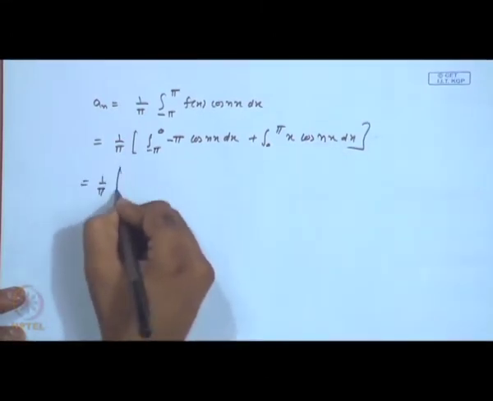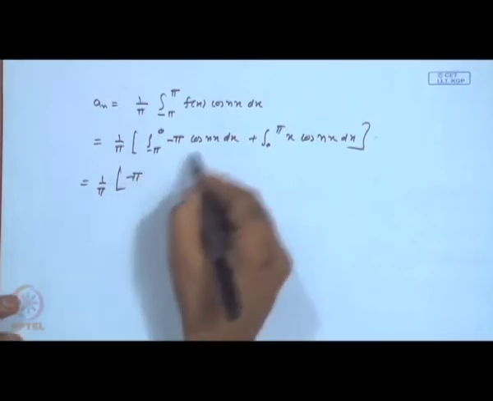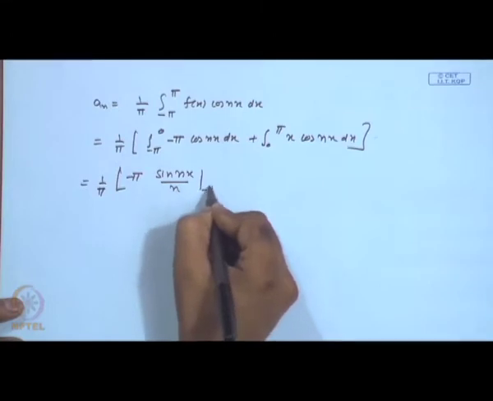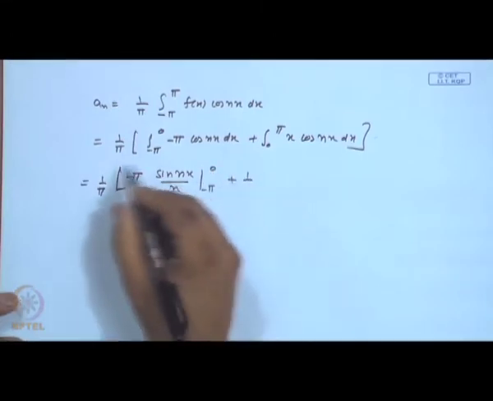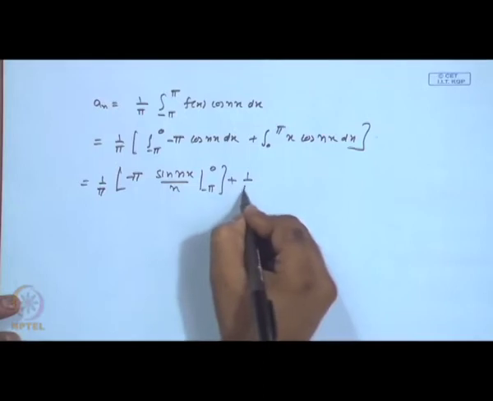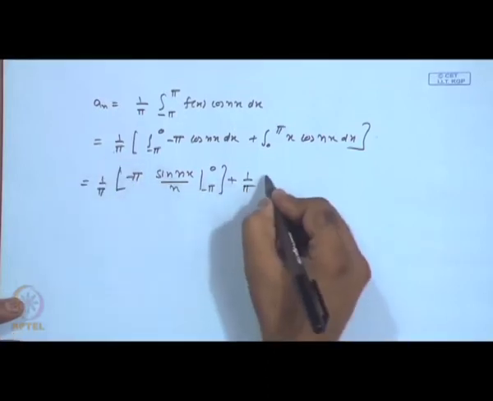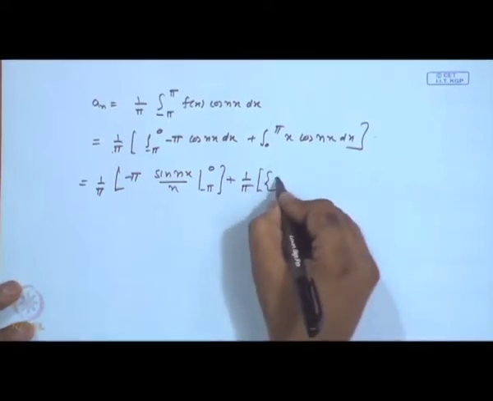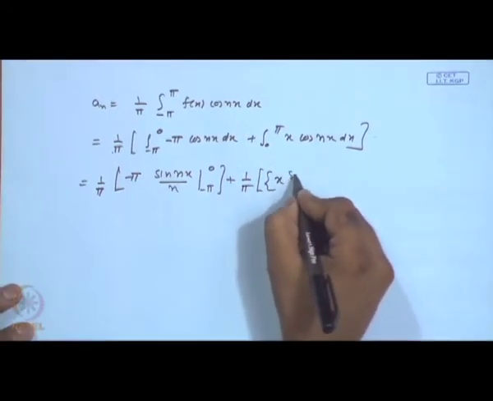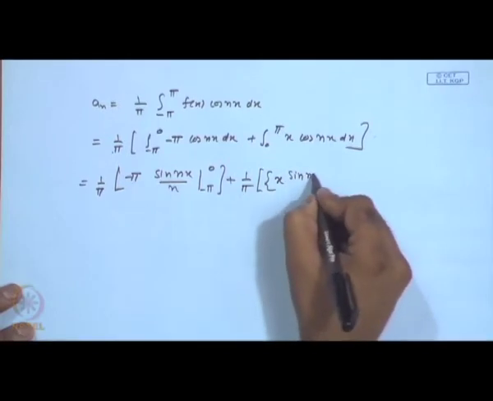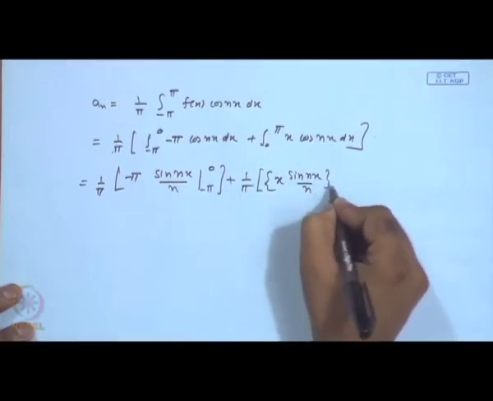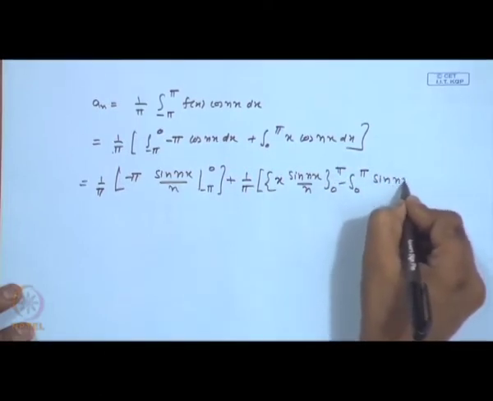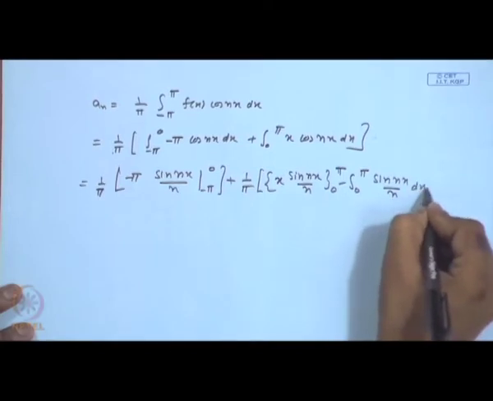So, 1 over pi, here we take minus pi, and this is sin n x over n from minus pi to 0, plus 1 over pi, and we have to integrate by parts. So, we have x and sin n x over n from 0 to pi, minus the integral from 0 to pi of sin n x over n dx.